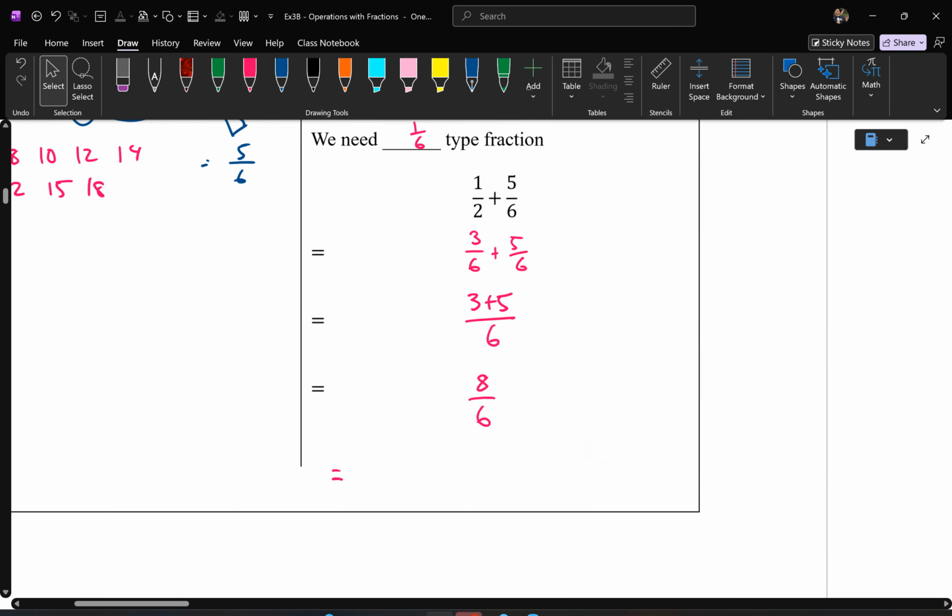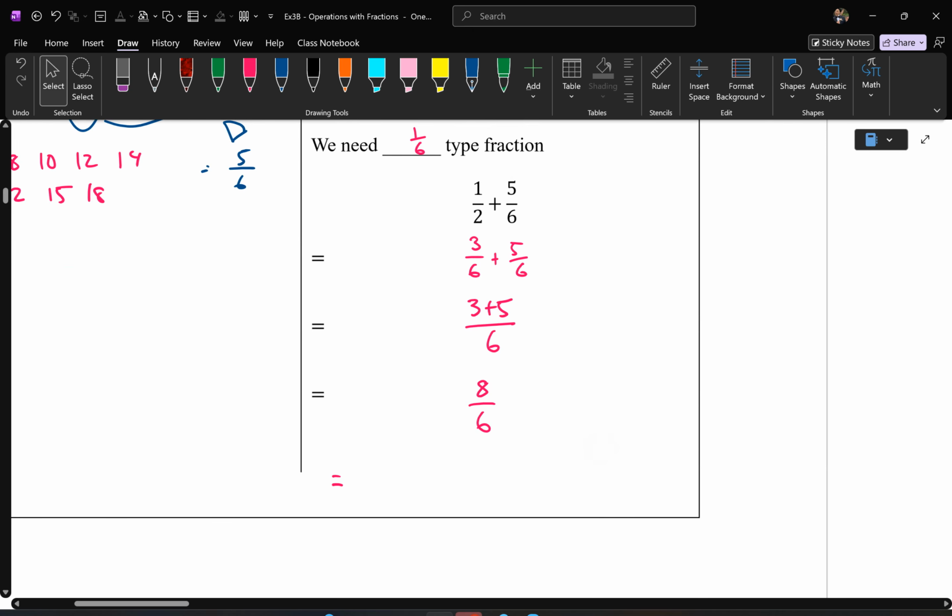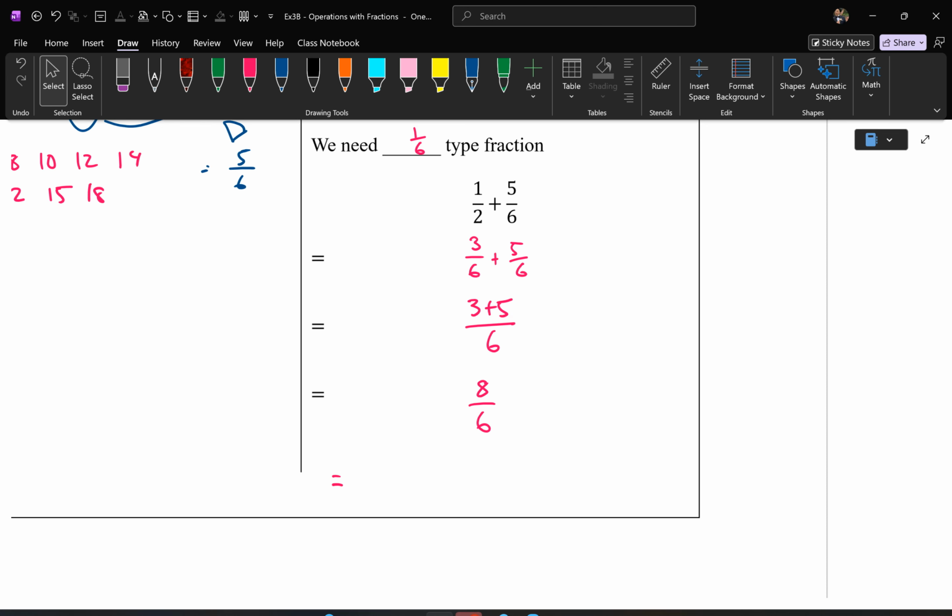So simplest form is either you simplify that number to something smaller first, and then you convert if it's an improper fraction, because this one's bigger, so the top number is bigger than the bottom. Bottom is denominator. So if the numerator is bigger than the denominator, you should be writing it in mixed fraction form. Let's simplify it first because 8 over 6 can be more simplified.